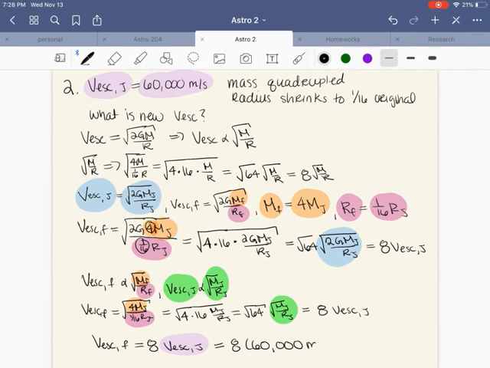So my final answer for this problem, no matter which way I do it, is going to be 480,000 meters per second as the new escape velocity. And you always want to make sure that you put your units on your answer and that they make sense.